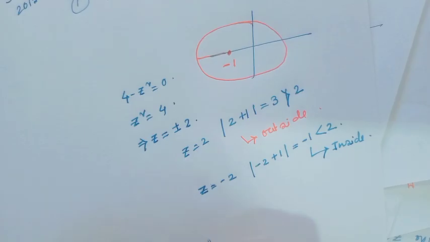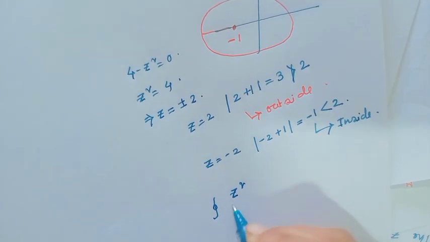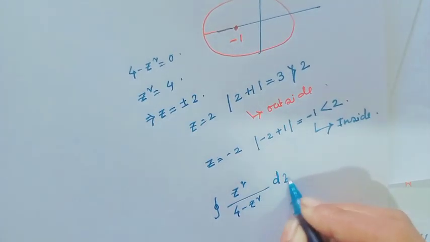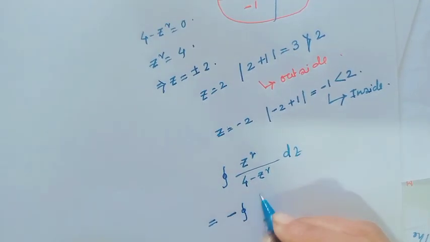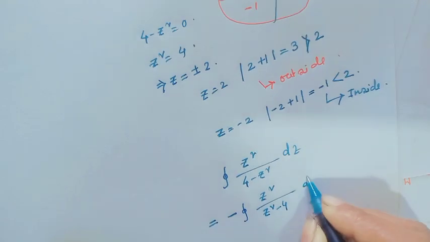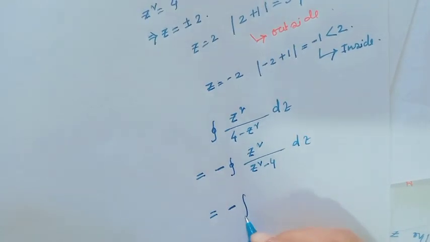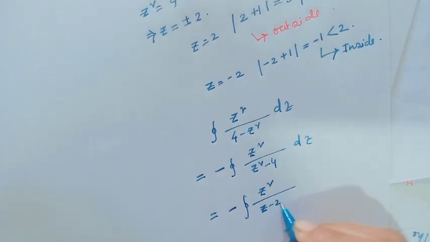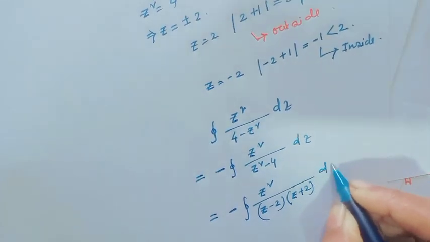So for calculation, here given z square over 4 minus z square dz, just multiply this by minus 1, then this would be z square over z square minus 4 dz. Then this is z square over z minus 2 times z plus 2 dz.